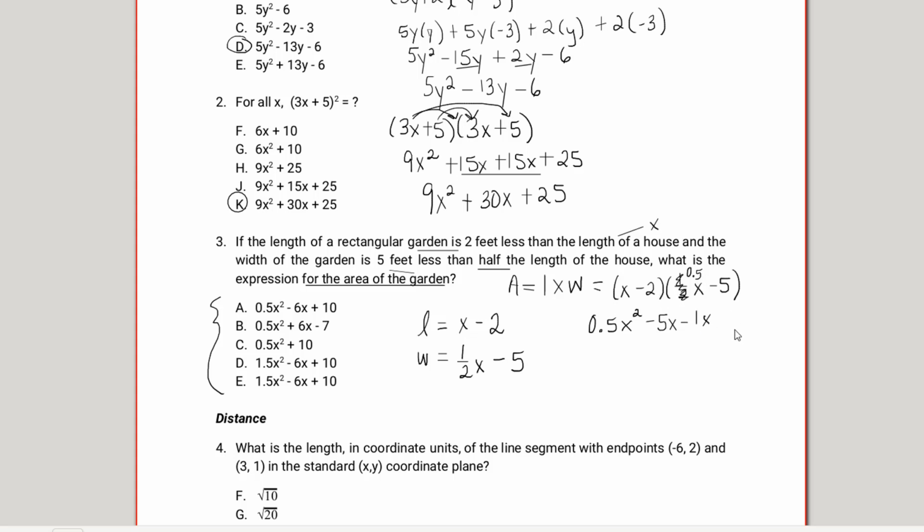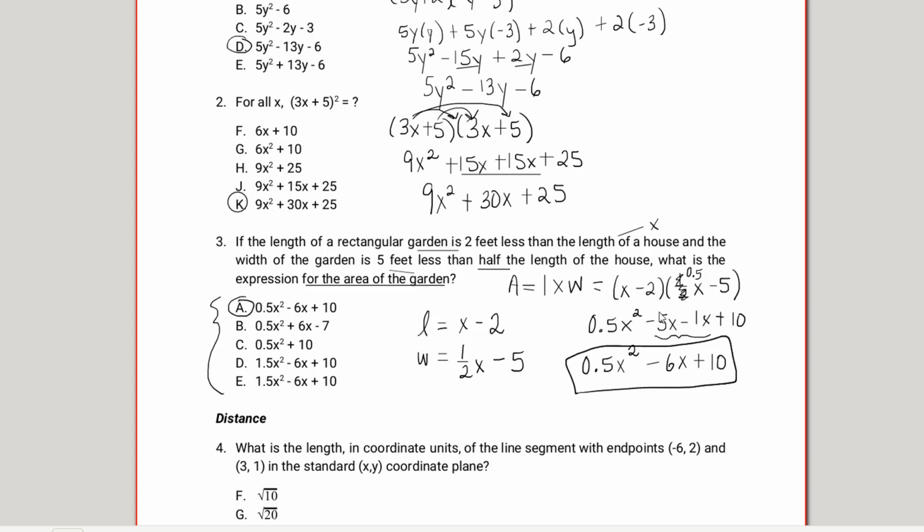Negative 2 times negative 5 gives us a plus 10. So we're going to combine like terms here with these middle terms. We still have 0.5x squared, minus 6x, because negative 5 and negative 1 combine, plus 10. And that is, let's see, answer choice 0.5x squared minus 6x plus 10. That is answer choice A.